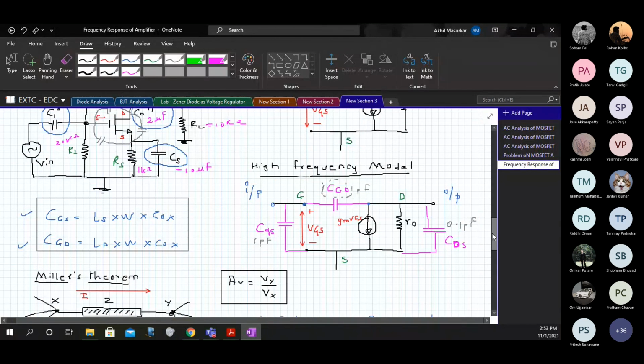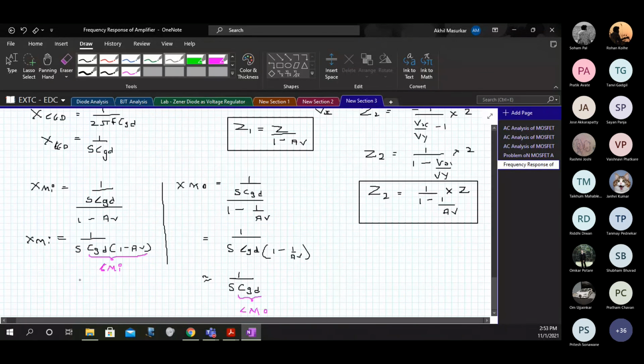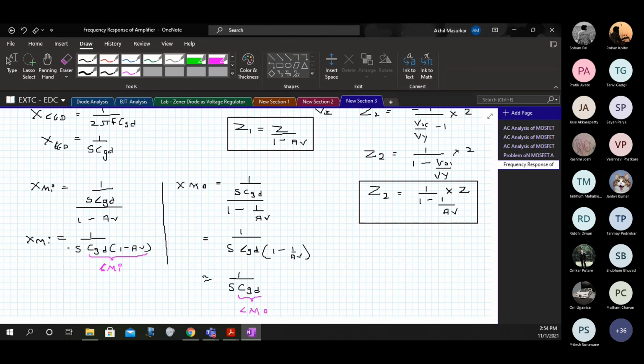So this is the way we will use Miller's theorem to split that CGD which is connected between input and output to only input side and only output side capacitances, so that we can apply our KVL and KCL very easily.